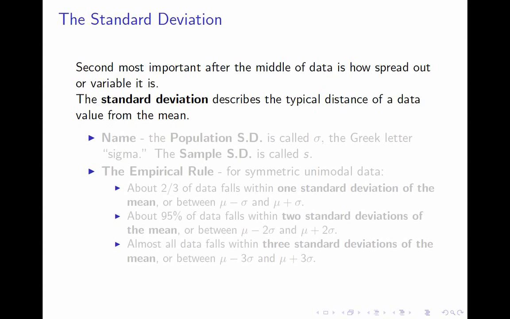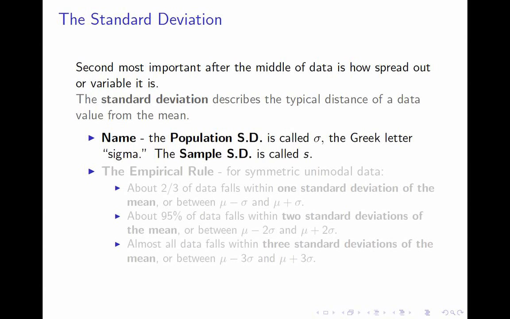The first thing I'll tell you about is its name. Of course, it's got two names depending on whether you're in the population context or the sample context. The population standard deviation is kind of a mouthful to say or to write. We'll usually abbreviate it SD or STDEV or various things like that. The population standard deviation is referred to by the Greek letter sigma.